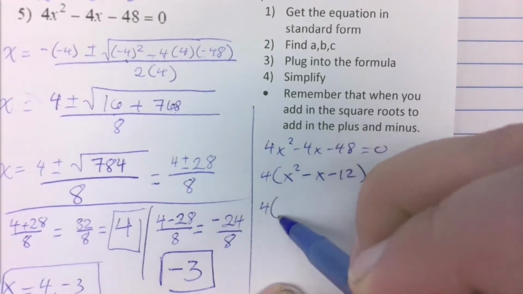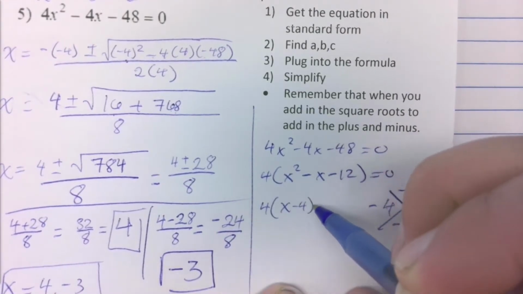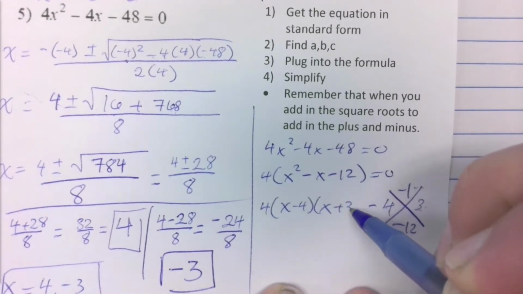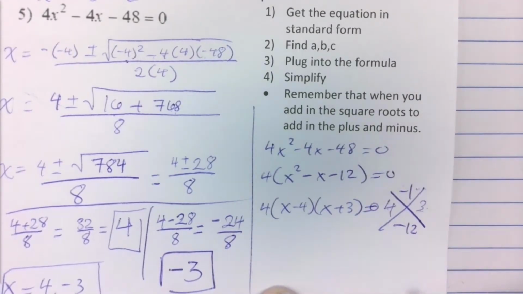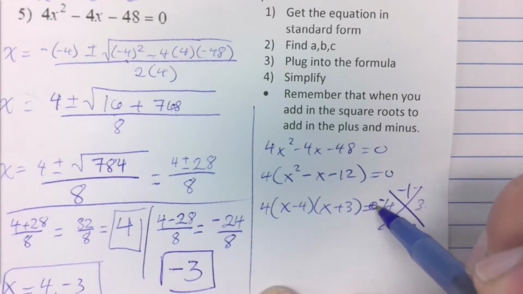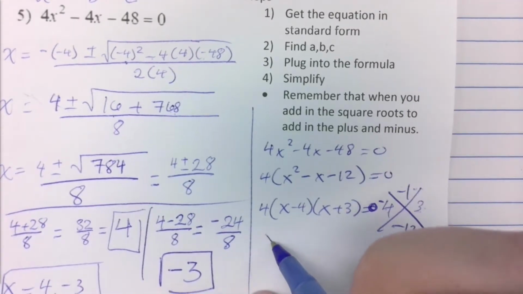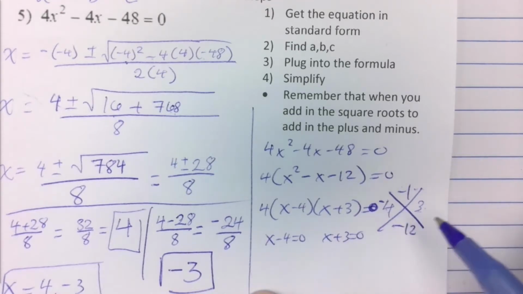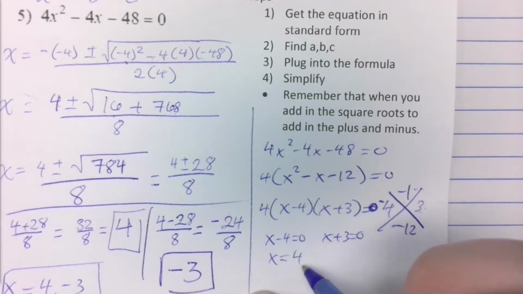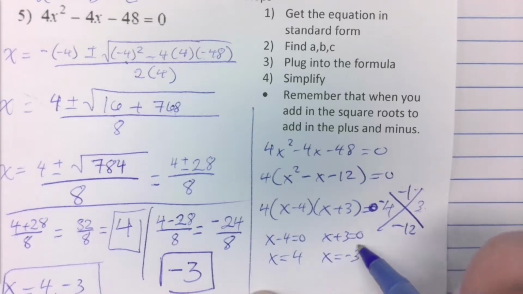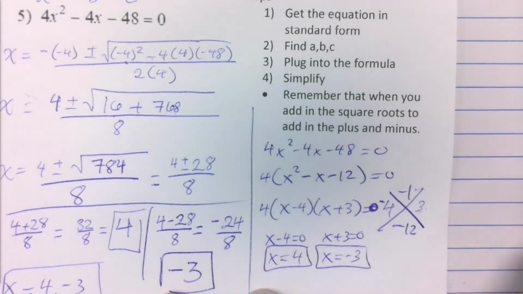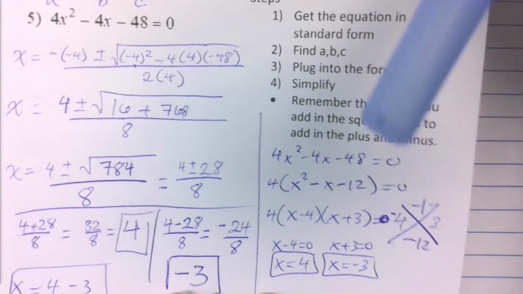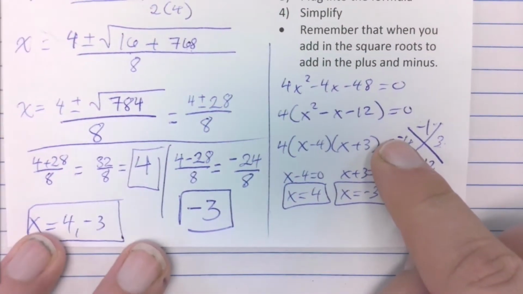So this is a throwback. And then you just solve. X equals 4, x equals negative 3. Can you guys see how that was much easier than that one?